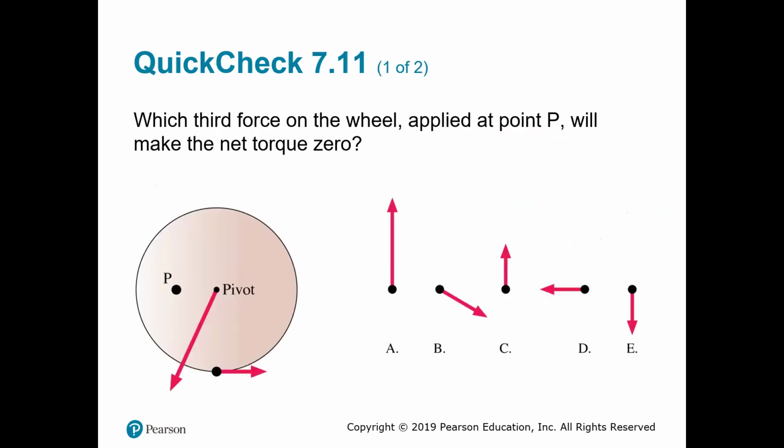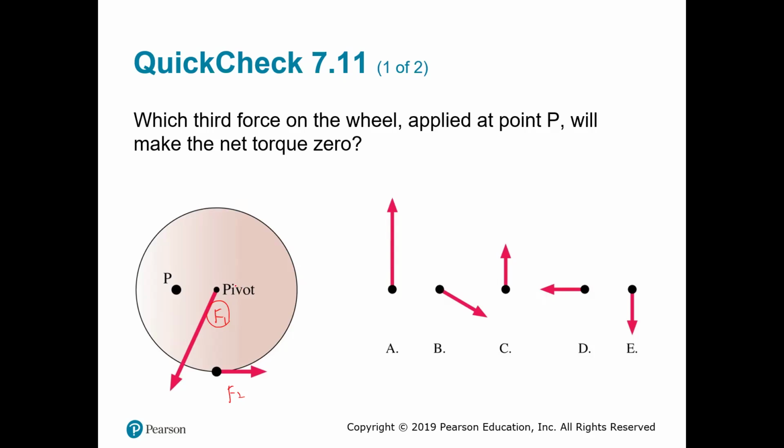Right? So then, which third force on the wheel applied at point P will make the net torque 0? So basically, in other words, you have another force acting at point P. So you have three torques acting on this wheel, right? For example, I will call this F1, and this F2. What is the torque due to F1?